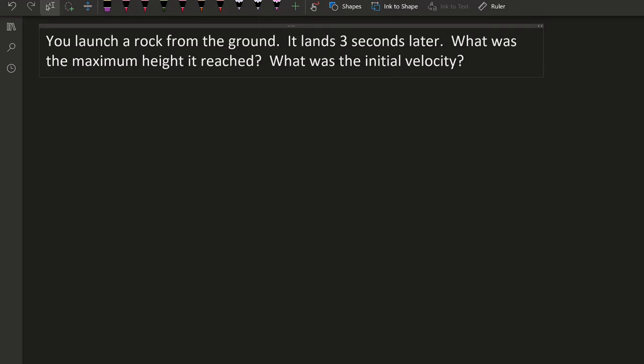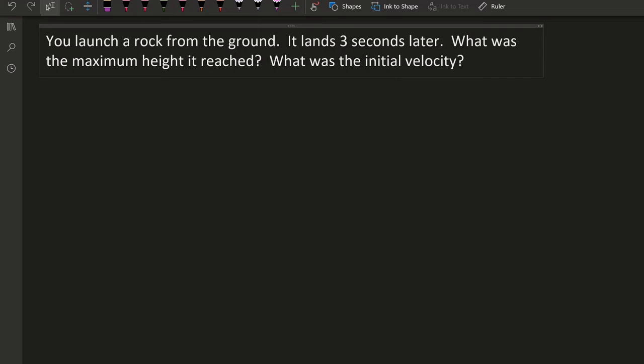You could either be lying down on the ground and then you throw it straight in the air, or maybe you've got some kind of launching device like a teeter-totter, or you dig a hole and pack some explosives in there. In any case, the rock is on the ground, you launch it, and it lands 3 seconds later. What was the maximum height it reached, and what was the initial velocity?